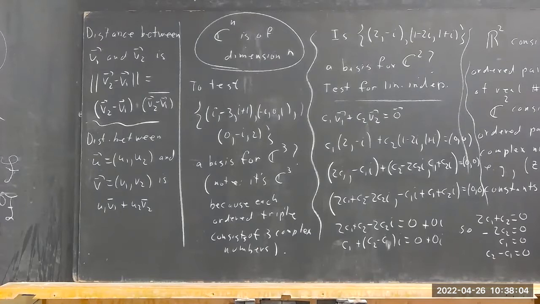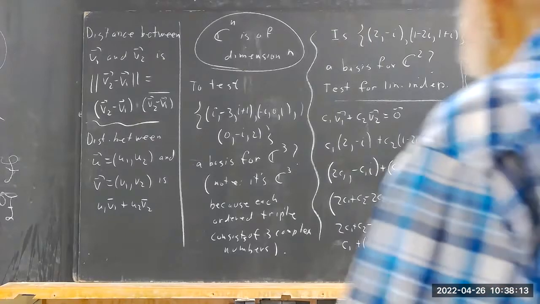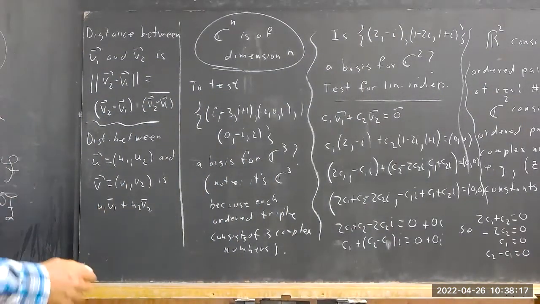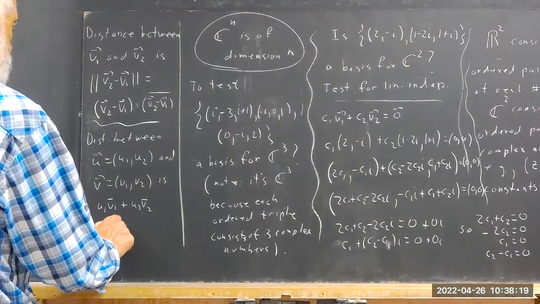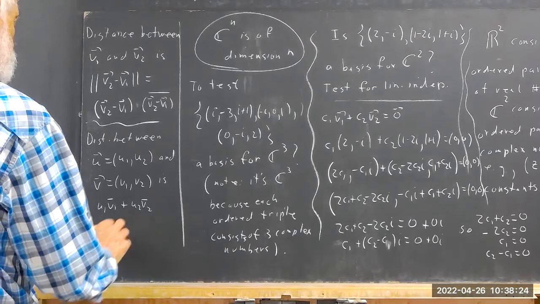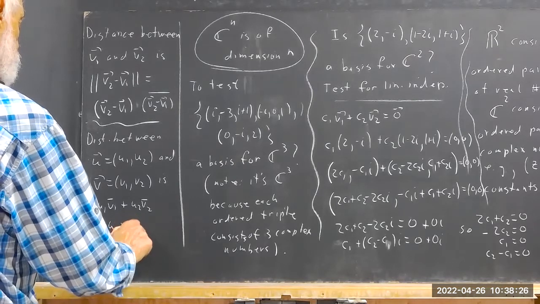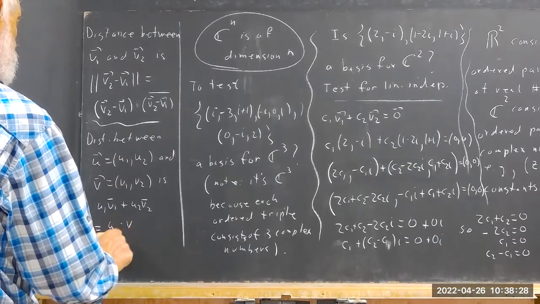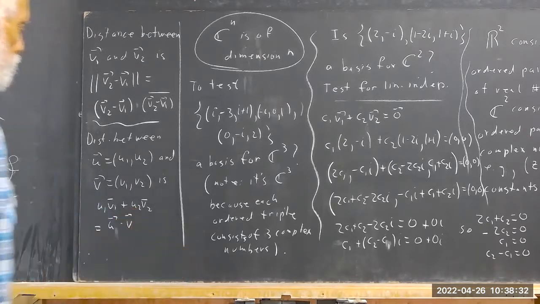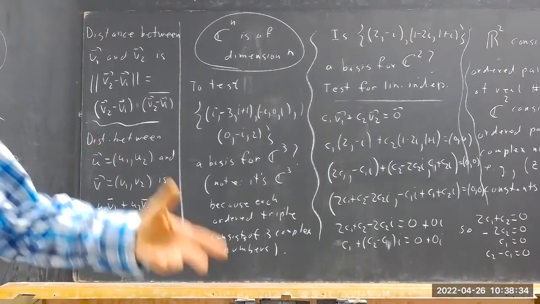And I want to be sure. And that defines your dot product. That's the definition of U dot V. So we're going to get into that.